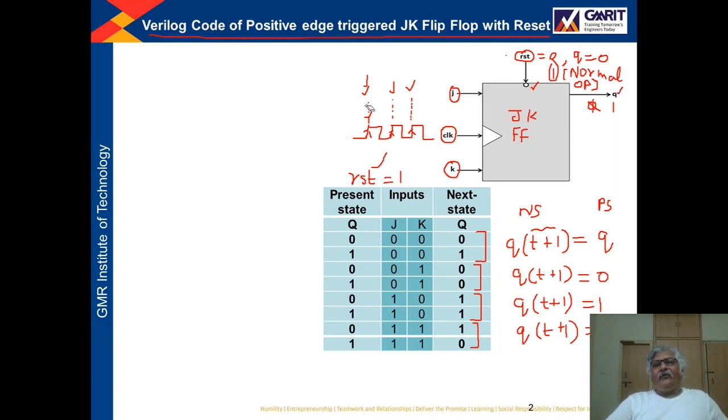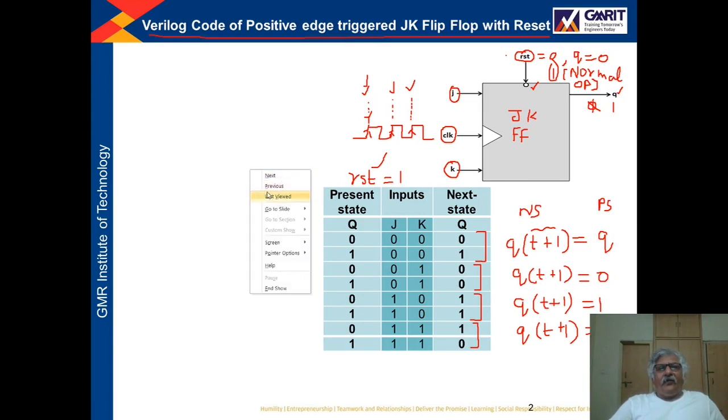And when the positive edge is detected on the clock input, in between this positive edge, if there is any change in J and K values, that will not affect the operation of the JK flip-flop. And at any point of time, if you apply the 0 value at the RST input, the reset input, then also the output Q will become 0, irrespective of the values of J, K and clock.